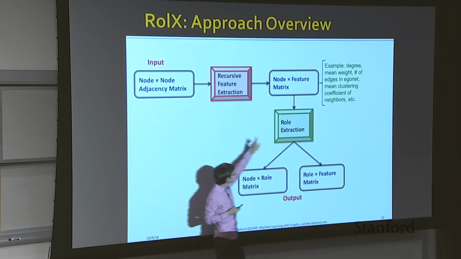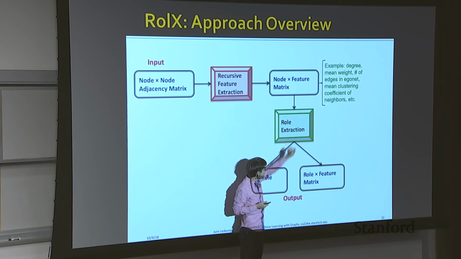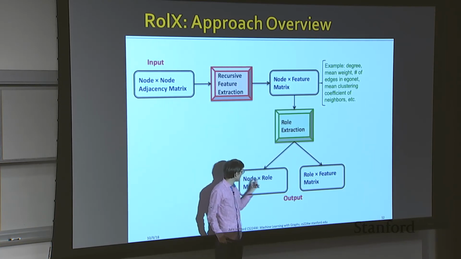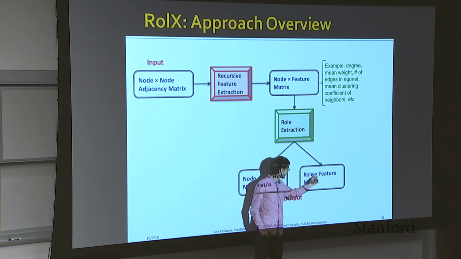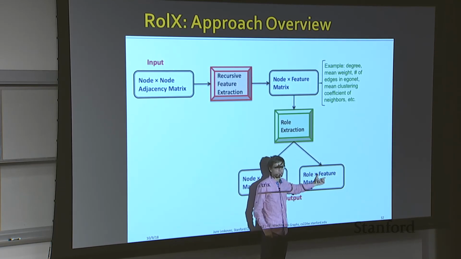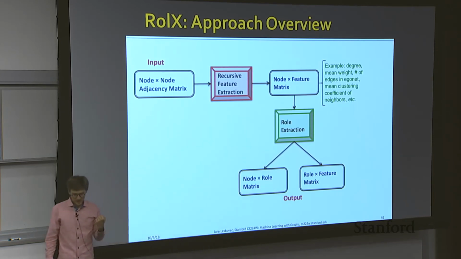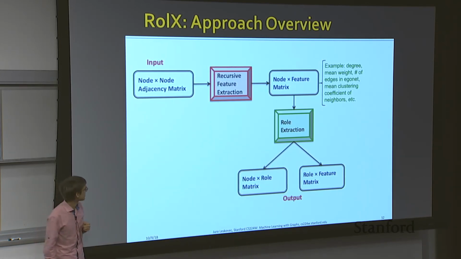After we have this matrix, we will then do role extraction, where we will get two things out. We will get an assignment of nodes to roles, and we'll also have a definition of a role through these features. Okay, so we get two things. We discover the roles, and we discover how to assign nodes to the roles.